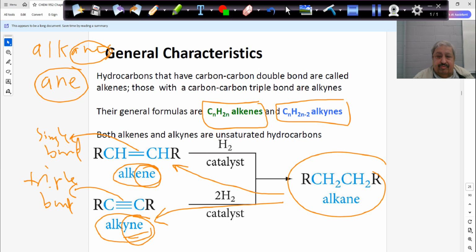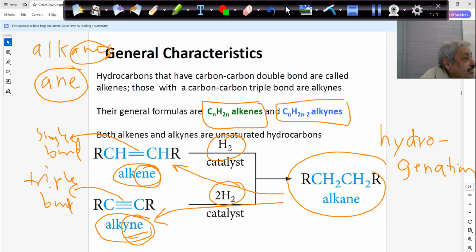What do we call this type of reaction? Somebody will tell me? It's hydrogen, correct? You let it react with hydrogen, so what will it be? Hydrogenation. From the word itself, because you are letting it react with hydrogen, this is hydrogenation.